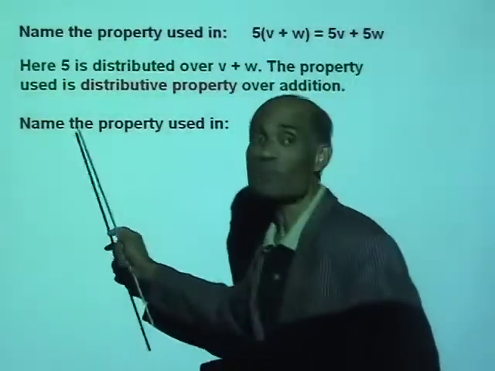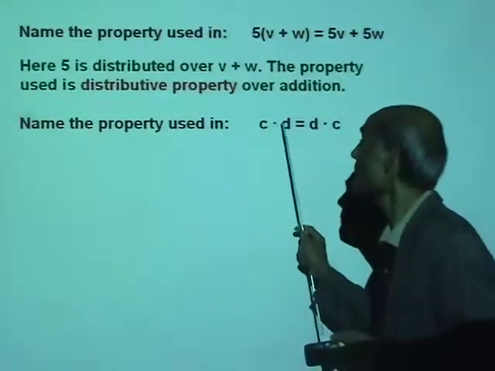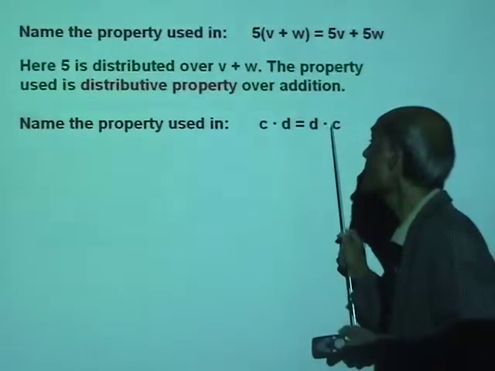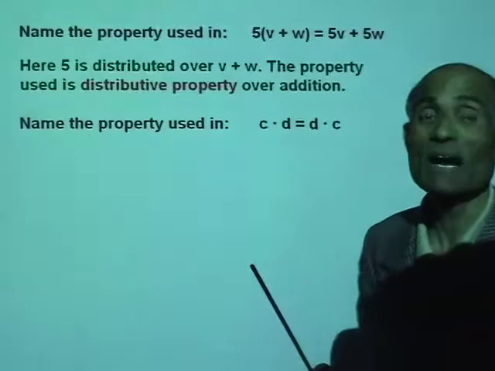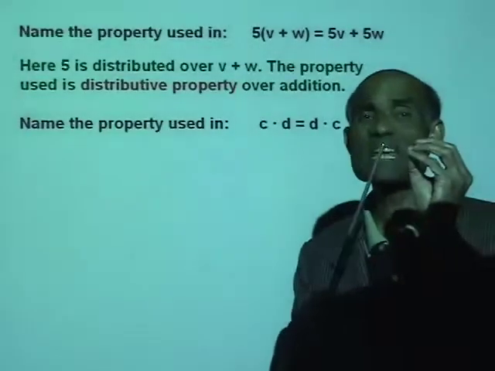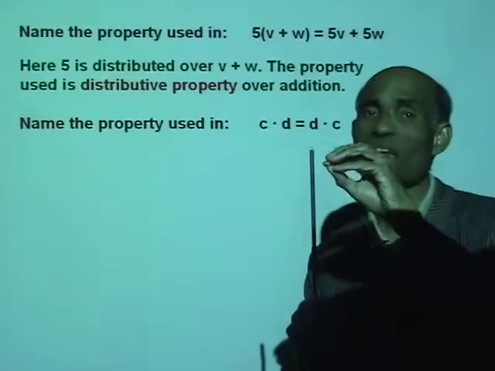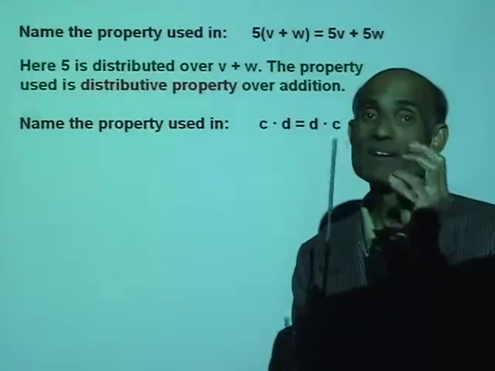Alright, name the property used in C multiplied by D equal to D multiplied by C. What has happened here? Multiplying C by D is the same as multiplying D by C. What's the property there?